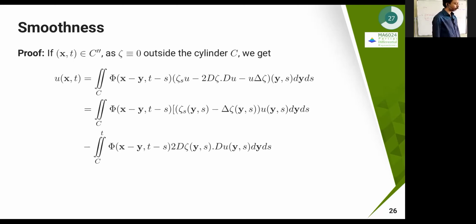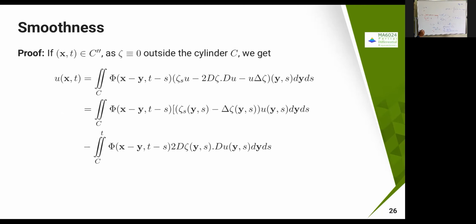Okay, so therefore, if x comma t belongs to C double dash, as theta is 0 outside the cylinder, that we have defined as per the definition. Therefore, you can just apply this one, the theta ut to theta of x comma t. How do I define v? v is nothing but u of x comma t into theta of x comma t.